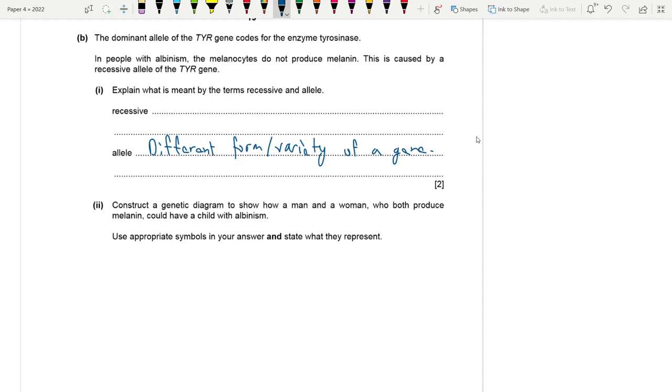Okay. And what does recessive mean? A recessive allele is only expressed when a dominant allele is not present. What does that mean? It is only expressed in a homozygote.